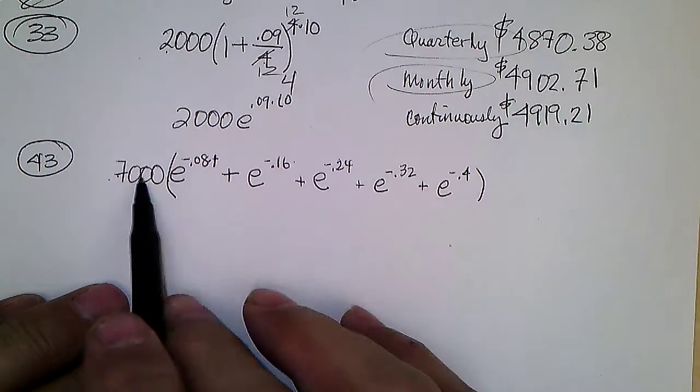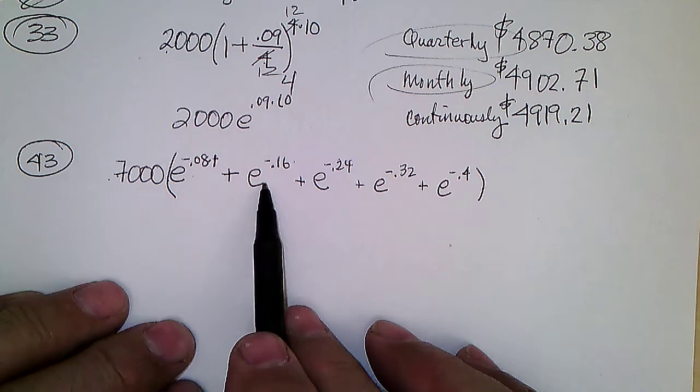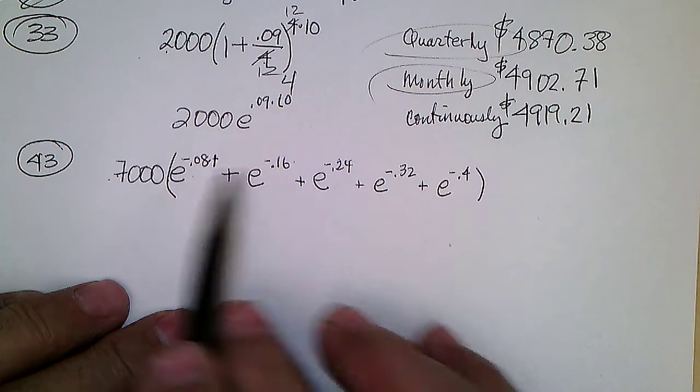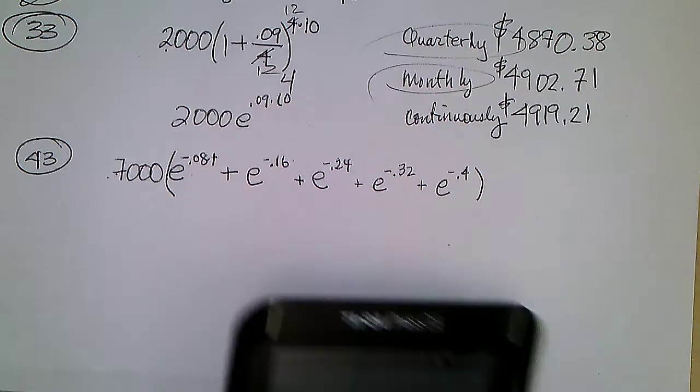So one of the 7,000 for 1 year, one of the 7,000 for 2 years, one for 3 years, one for 4 years, and one for 5 years.